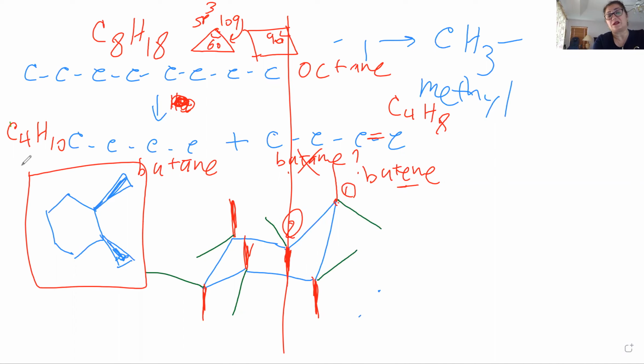If the first equatorial is up, the second equatorial is down, but since this one is up, it cannot be equatorial, so it's going to be axial. So one is equatorial, one is axial. Does it make sense?